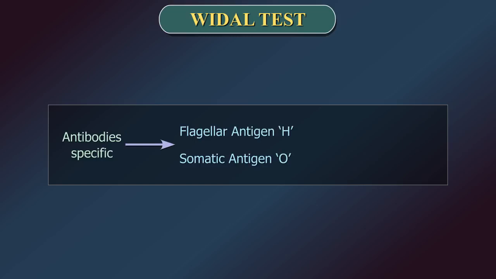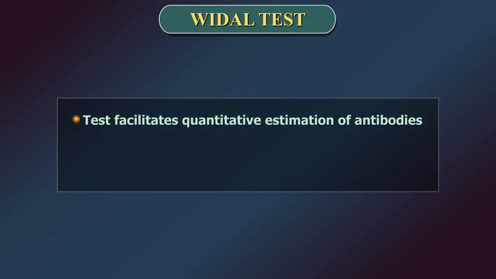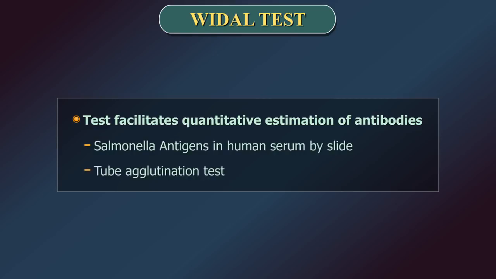Antibodies specific to flagellar antigen H and somatic antigen O of Salmonella species usually become detectable in blood 7 days after the onset of infection in individuals infected with typhoid bacilli. This test facilitates quantitative estimation of antibodies to Salmonella antigens in human serum by slide and tube agglutination test.